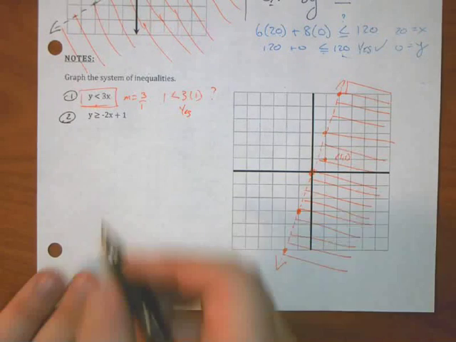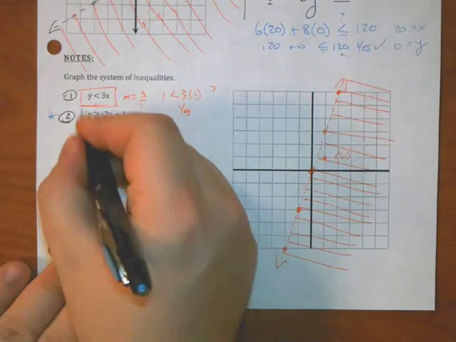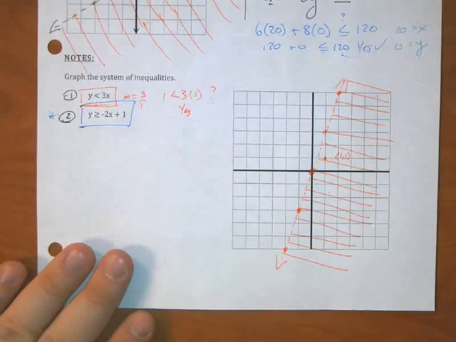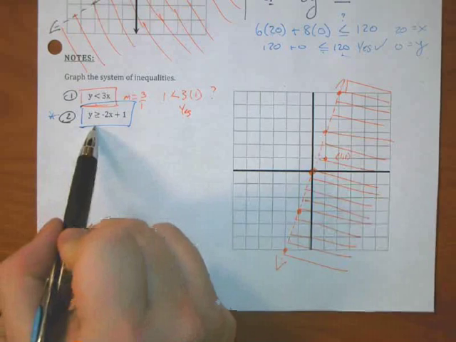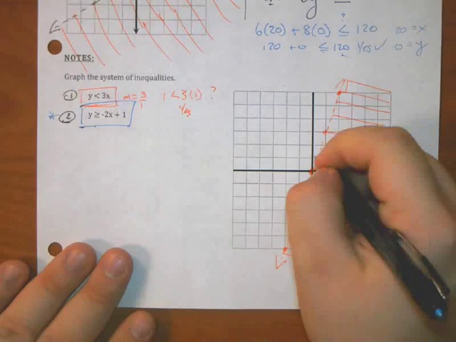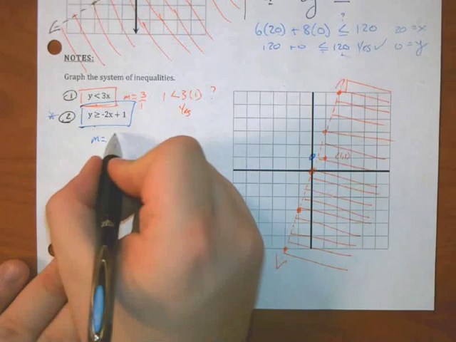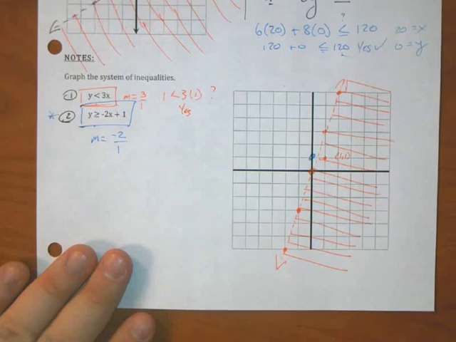I'm going to use this light blue to do the second one. Okay, so is this in slope-intercept form? Yep. So what's my y-intercept? 1. The slope is negative 2 over 1.